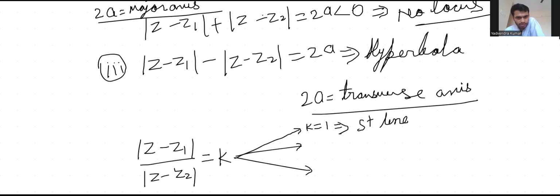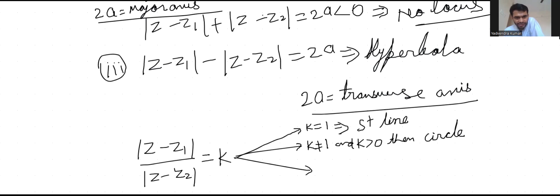If k is not equal to 1 and k is positive, then a circle.